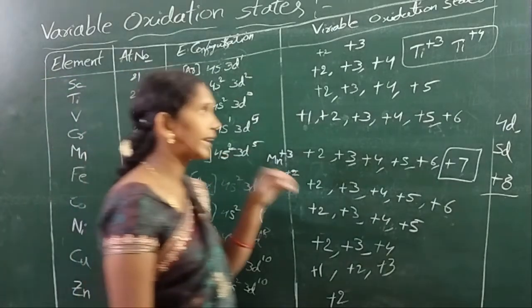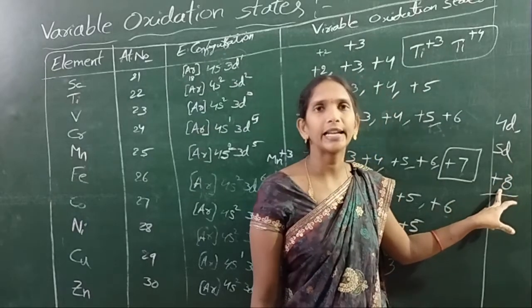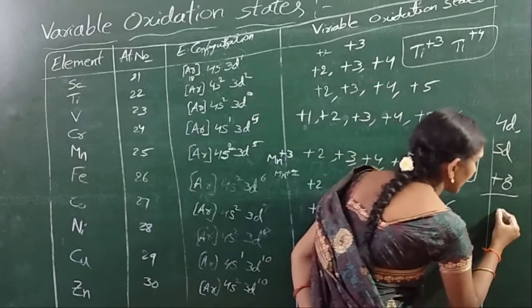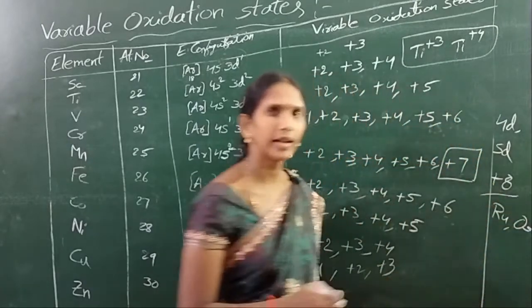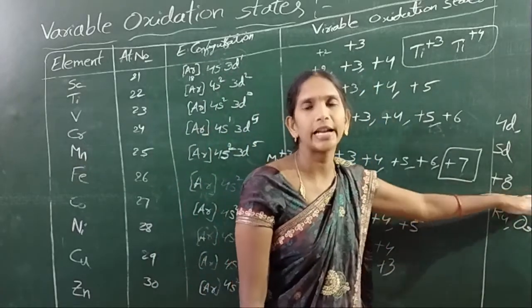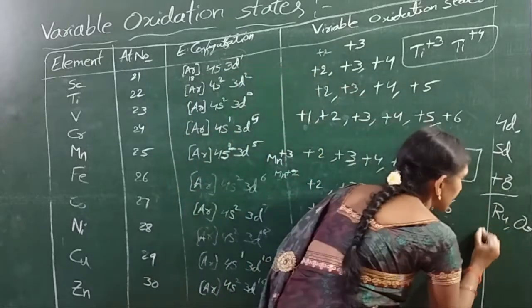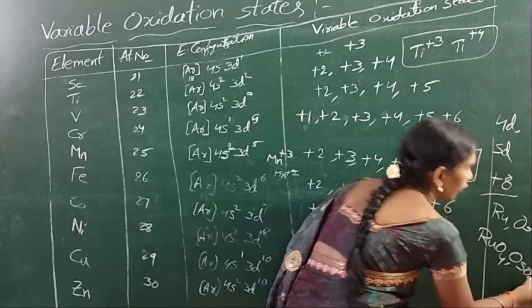But in case of 4D and 5D series, +8 oxidation state is the maximum oxidation state. Okay, this is in case of ruthenium and osmium. Okay, in ruthenium and osmium elements the +8 oxidation state exists. It is more stable. Okay, it is as RuO4 and OsO4.